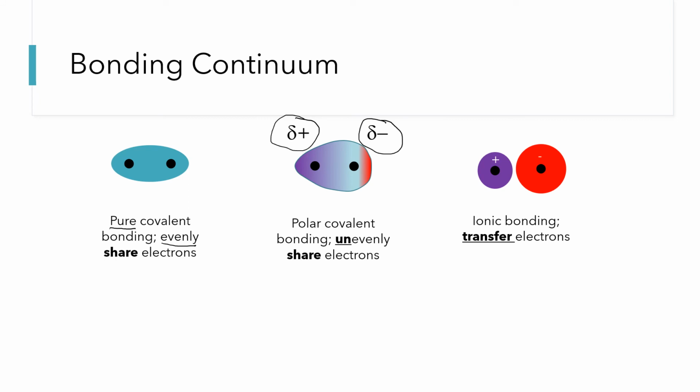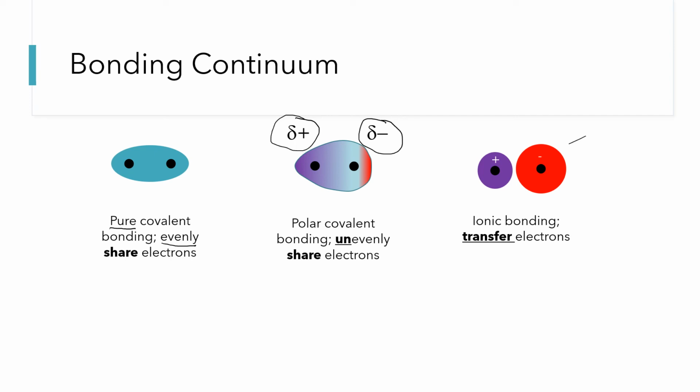The other extreme of this bonding continuum is ionic bonding. And so imagine that in our polar covalent bond, that atom on the right that's slightly negative, what if instead of still pulling the electrons towards itself, but still sharing them with the other atom, it pulled the electrons so strongly that it completely separated away from the atom on the left, giving a negative ion?